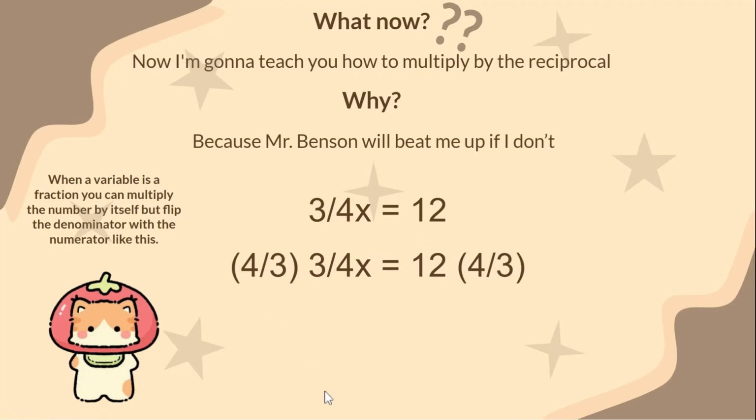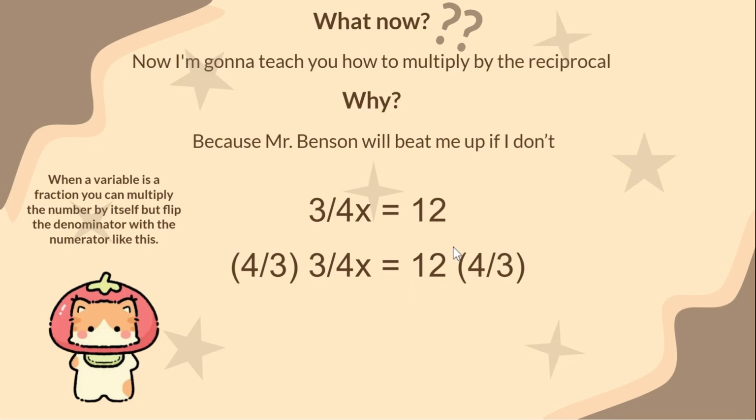So, 3/4 x times 4/3 is x. And we also want to do that to 12. Now, a way that Mr. Benson taught me to do this, which is pretty simple, is you want to multiply 12 by the top of the fraction and then divide by the bottom of the fraction.